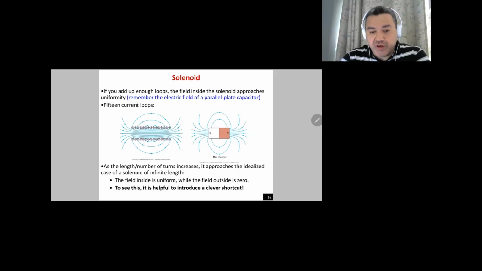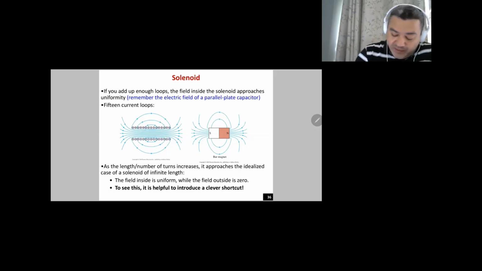In the last lecture, we introduced the solenoid, and we have shown why the magnetic field in the core of the solenoid is concentrated, while the magnetic field outside the solenoid is close to zero, very weak outside at the sides of the solenoid.